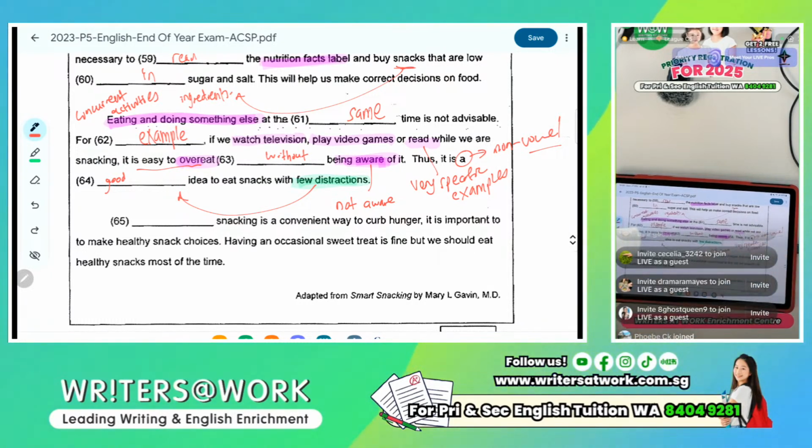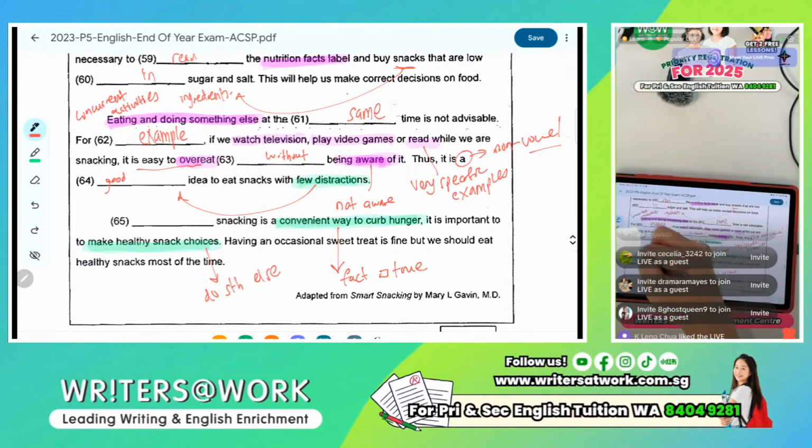Okay, moving on. Dash snacking is a convenient way to curb hunger. It is important to make healthy snack choices. So you can see here that, well, it is a good way, it's a convenient way to curb hunger. We need to make healthy choices. So we are looking at how, even though this fact is true, we also need to do something else.